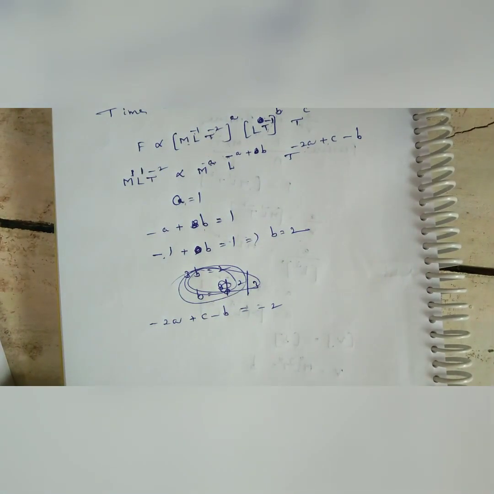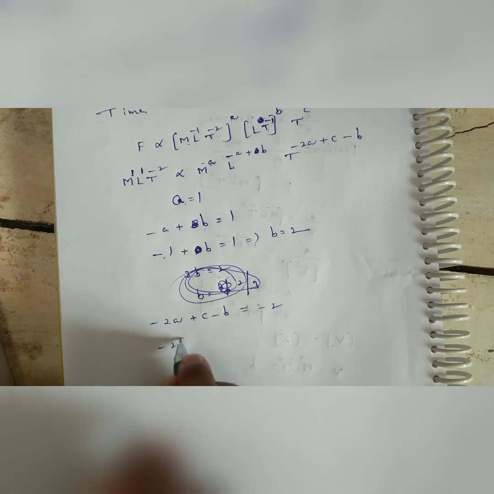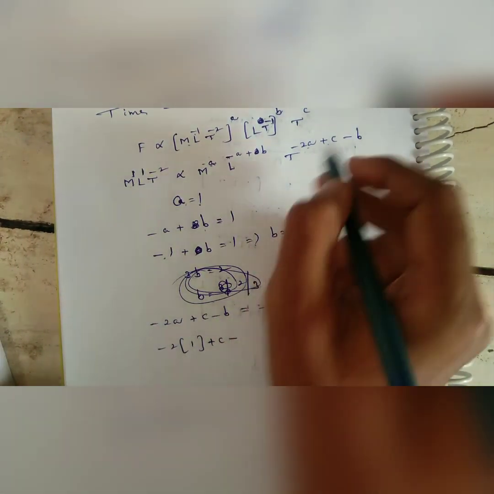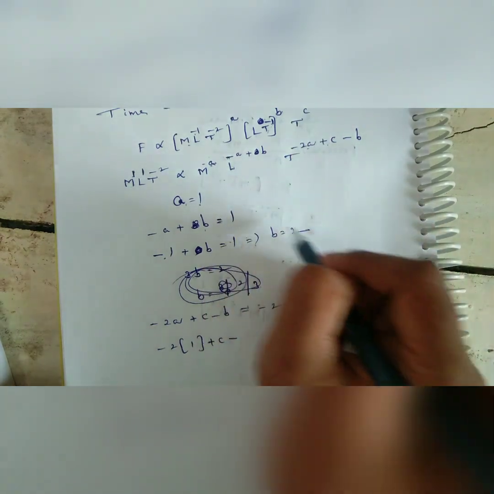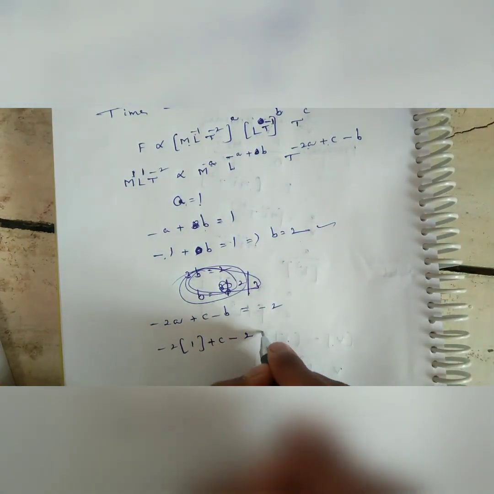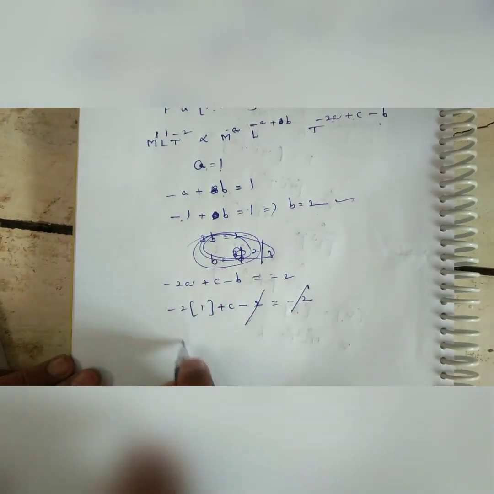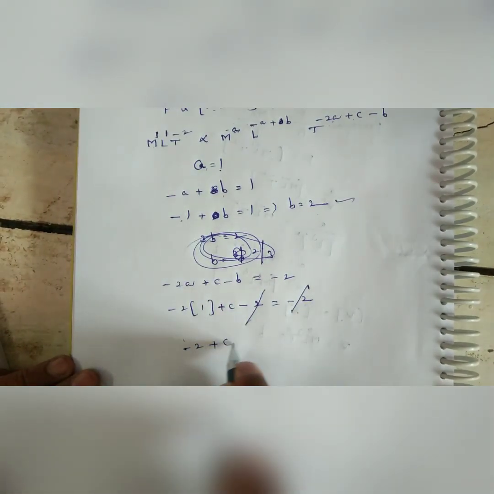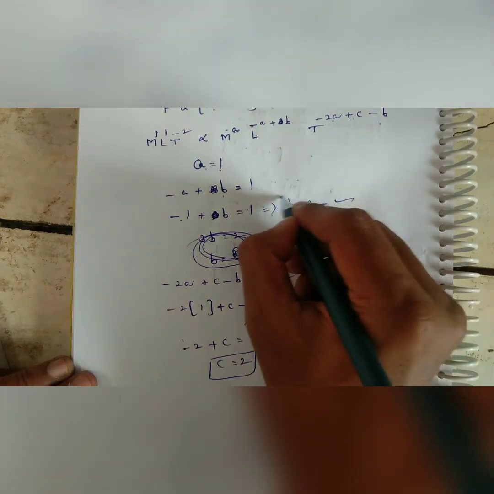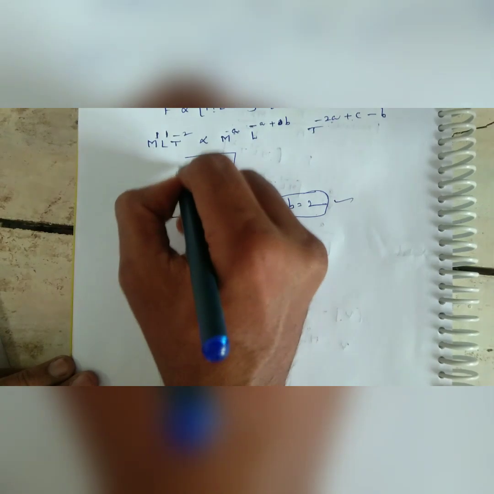Now minus 2 into A, which is 1, plus C minus B, where B equal to 2, minus 2 is equal to minus 2. Minus 2 gets cancelled. Then minus 2 into 1 minus 2 plus C is equal to 0. Then C is equal to 2. C is equal to 2, B is equal to 2, A is equal to 1.